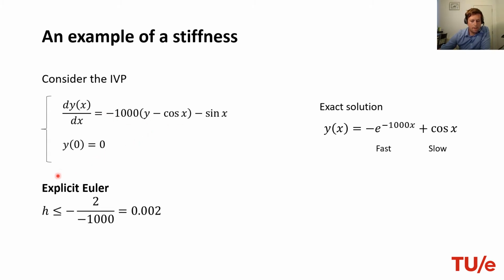We can write this as the stability condition for explicit Euler for the test equation, that's minus 2 divided by lambda, where lambda is minus 1000. So in explicit Euler, we find that the maximum allowable time step for a stable numerical solution is 0.002. And note also that this has a stable analytical solution as well, because this is a decaying transient.